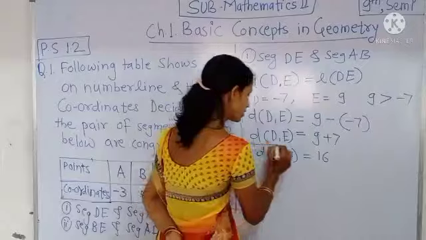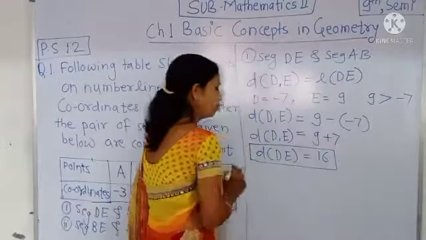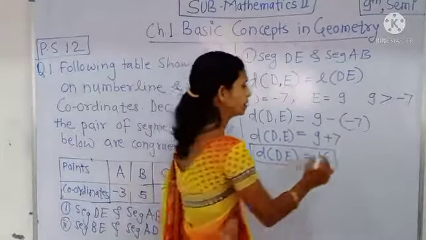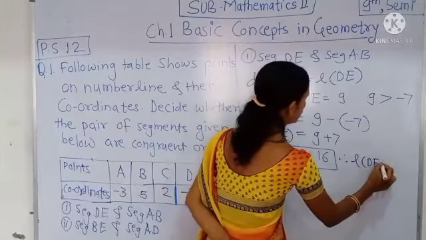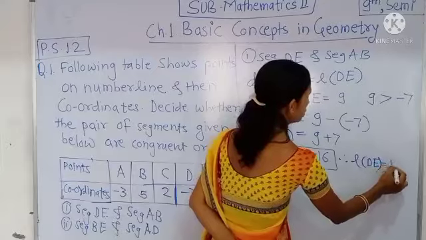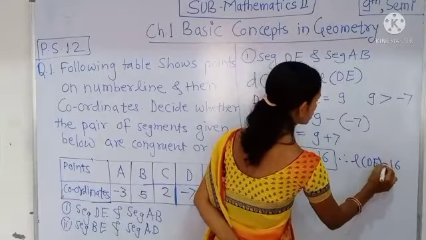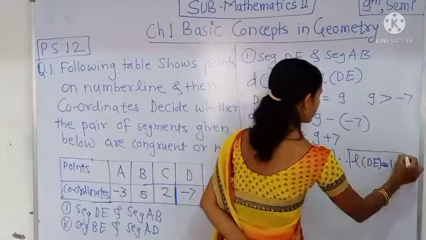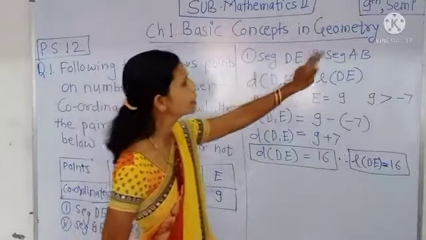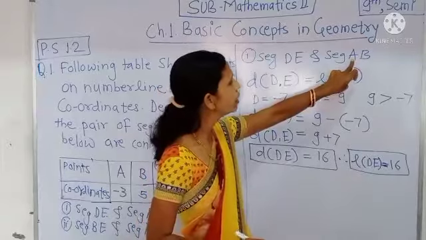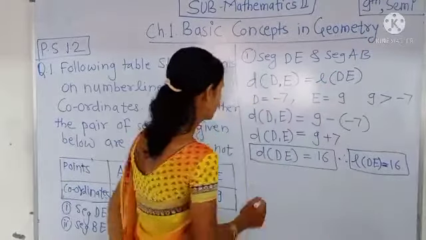That means the distance between points D and E is 16. Therefore the length of DE is 16 units.